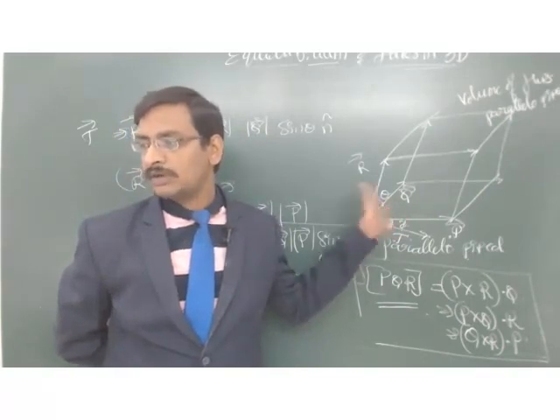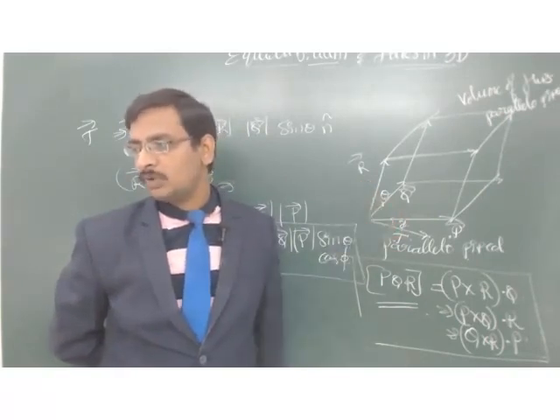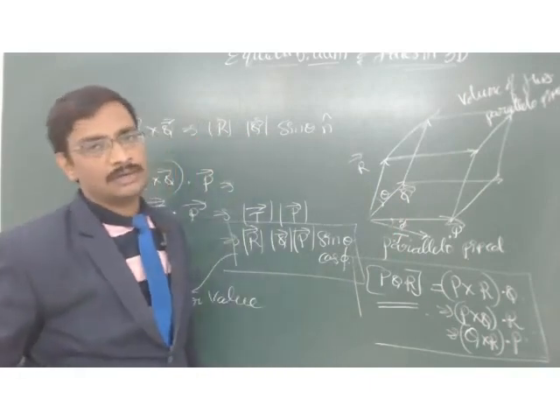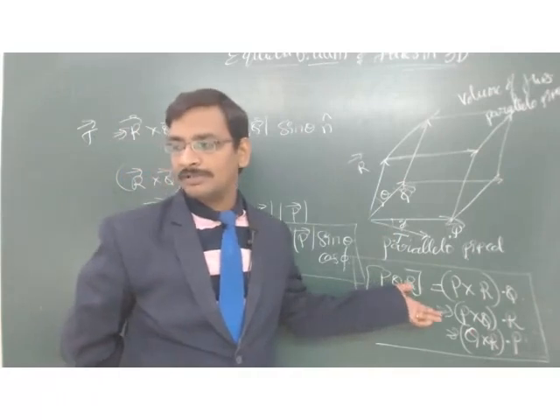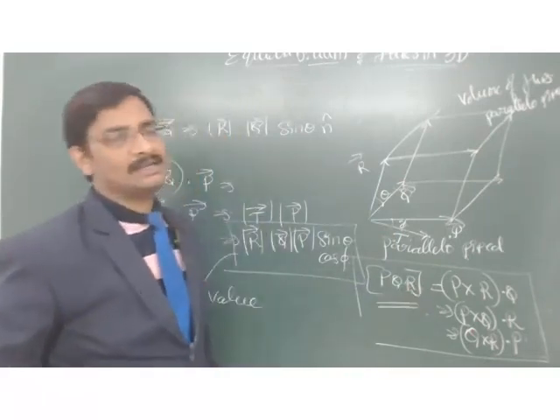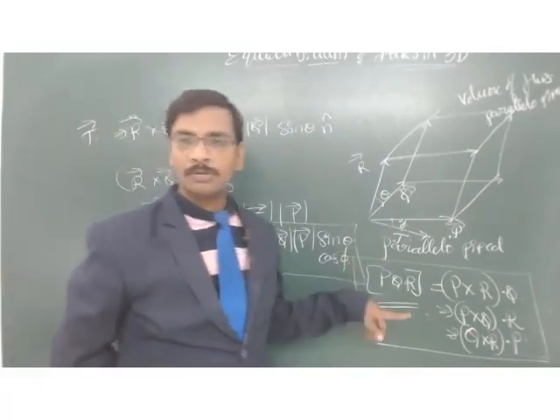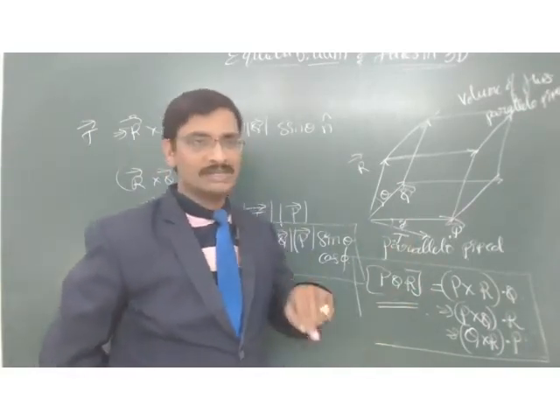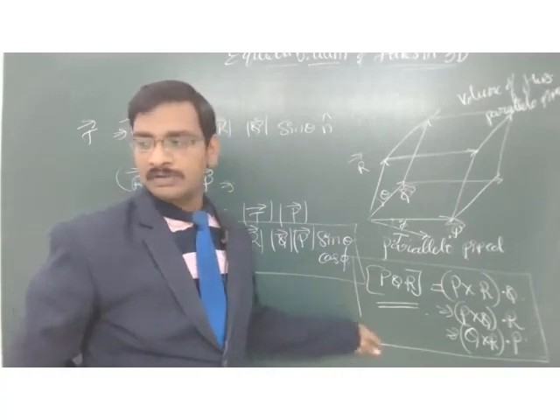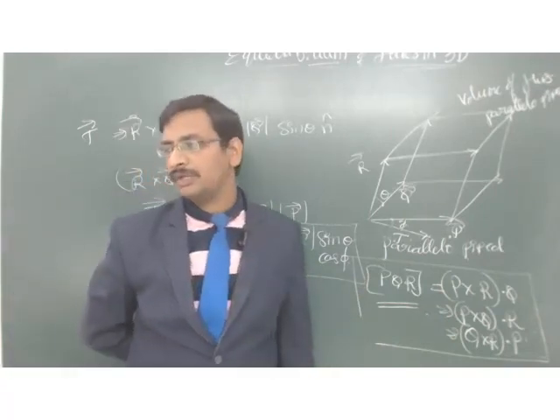If any two vectors are parallel out of these three, obviously it will make zero volume, right? So if it makes zero volume, obviously the scalar triple product will be zero. So that's exactly the reason: in the scalar triple product, if any two vectors are equal, then the result is always zero. That's exactly the value we have used in the previous example. Got it? Any questions on this?